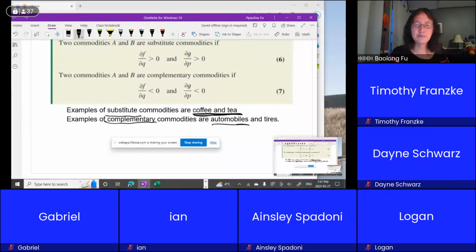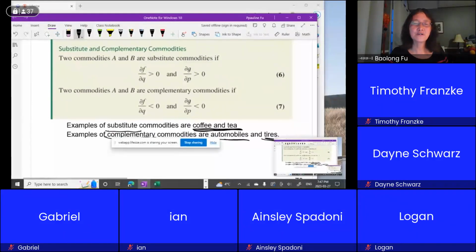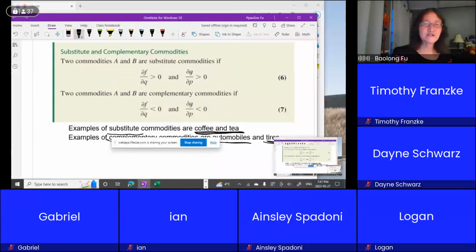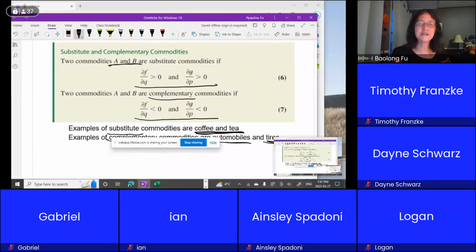Think about automobiles and tires. How do we know mathematically whether two commodities A, B are substitutes? If both partial derivatives are greater than 0, they are substitutes. If both partial derivatives are smaller than 0, they are complementary.